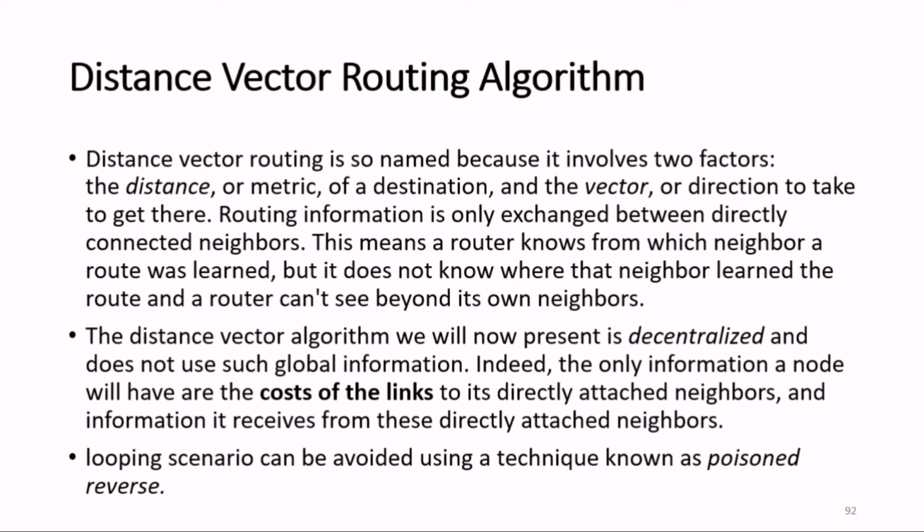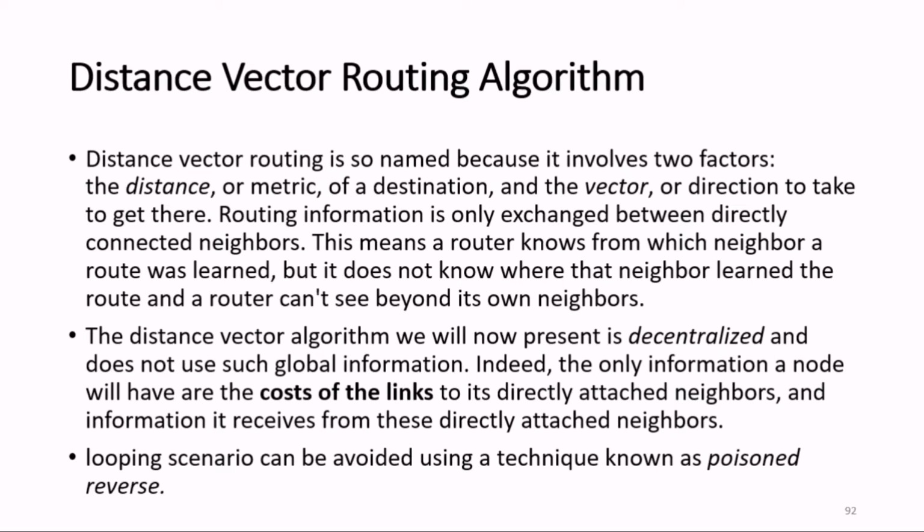This means a router knows from which neighbor a route was learned, but it does not know whether that neighbor learned the route itself, and a router cannot see beyond its own neighbor. Compared to link state, where the router knows every router's database in the network, in distance vector a router only knows the neighboring router information.